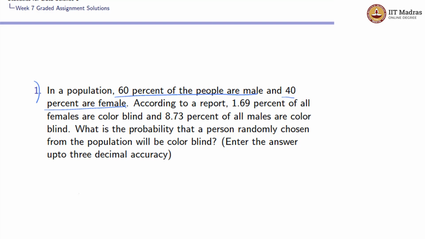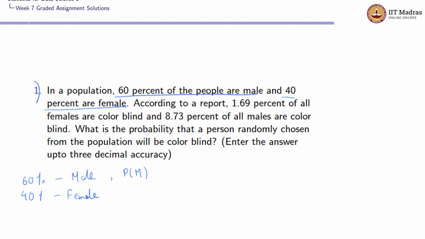The question says, in a population, 60% of the people are male and 40% are female. So we have a population among which 60% of people are male and 40% are female. Now, if you pick a person, what is the probability of that person being a male?